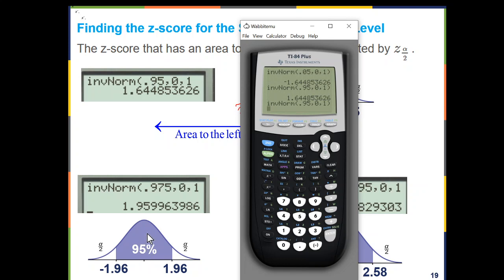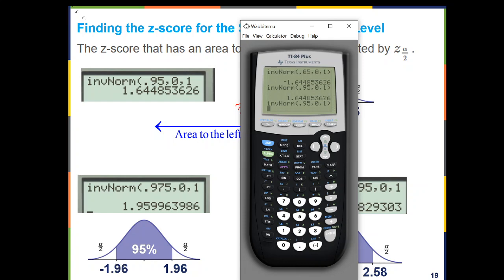95%. Well, if it's 95% in the middle, then how much is left for the tails? 5%. What's 5 divided by 2? 2.5%. So each tail gets 2.5%. Now, 2.5% in decimal is 0.025. So how do I find this number right here?